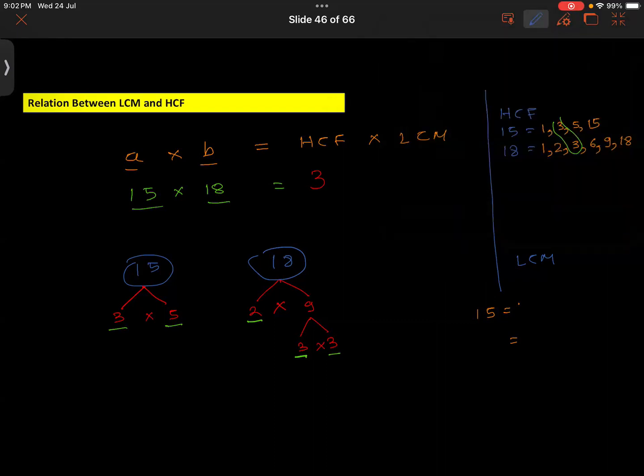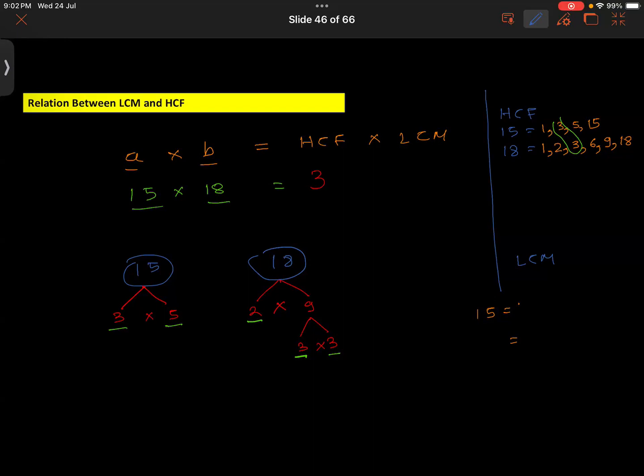You know how we have to find out the LCM using the prime factorization method, right? So what we used to do there: remember? Since there are two threes in 18, we should write 1 three, and then done.